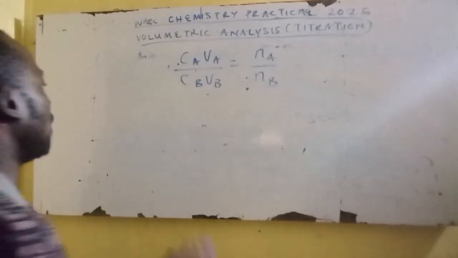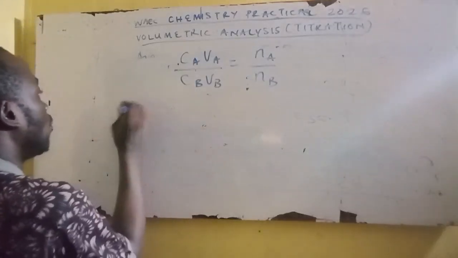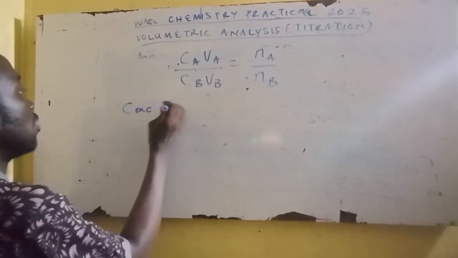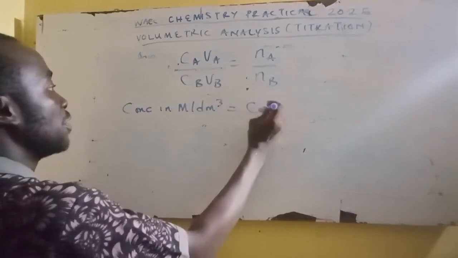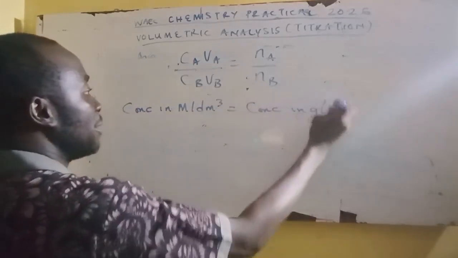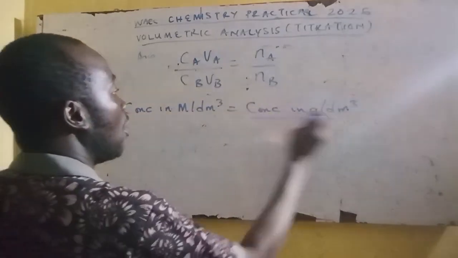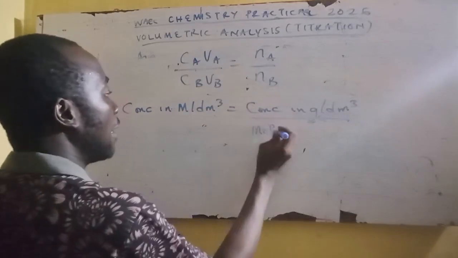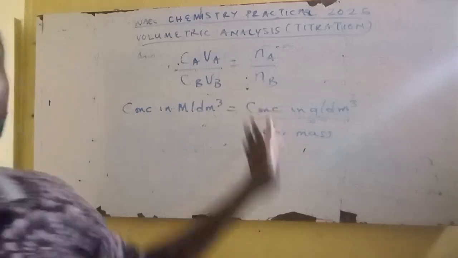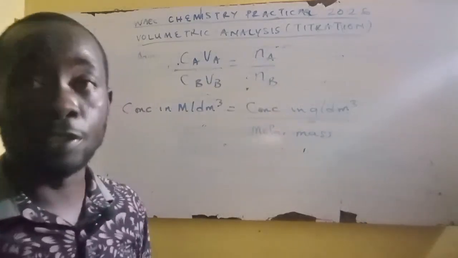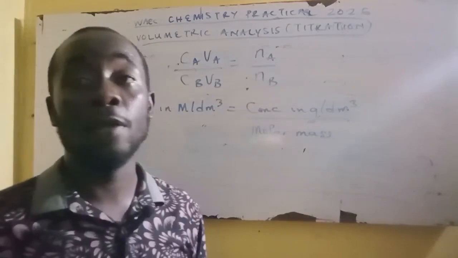Another formula that you also need to know before going to that question: concentration in moles per dm cube is equal to concentration in gram per dm cube all over molar mass. This is another formula that you will need while you are working with volumetric analysis.